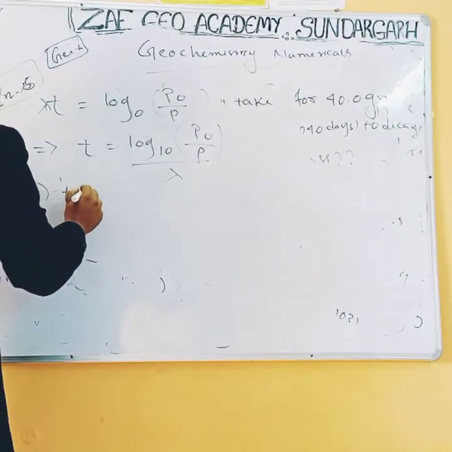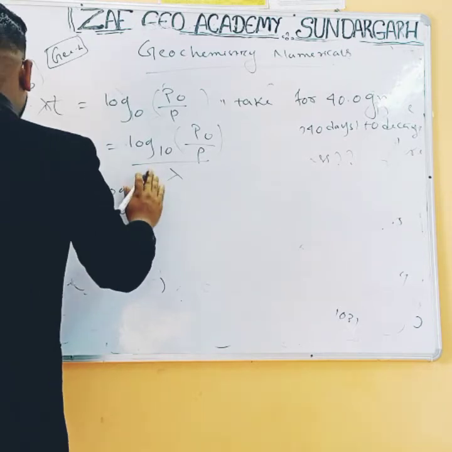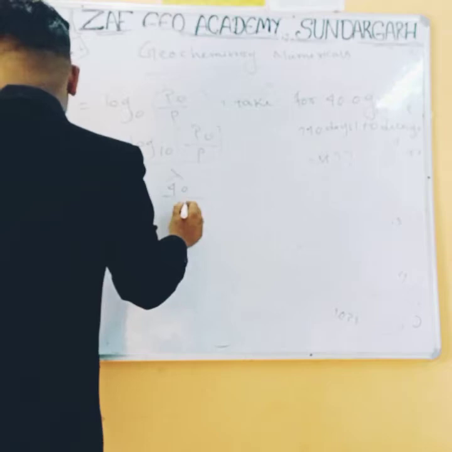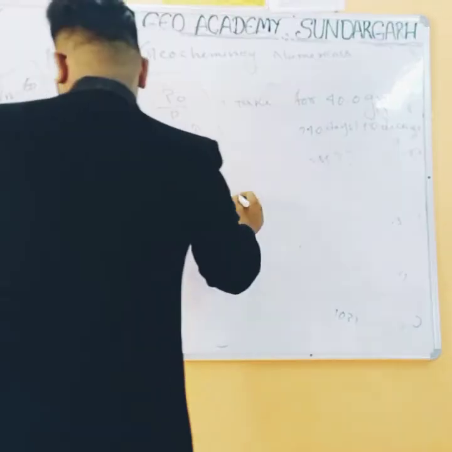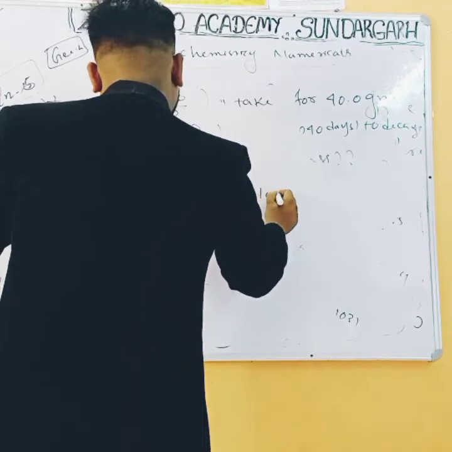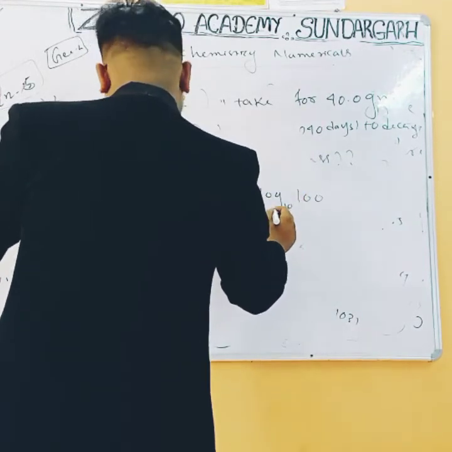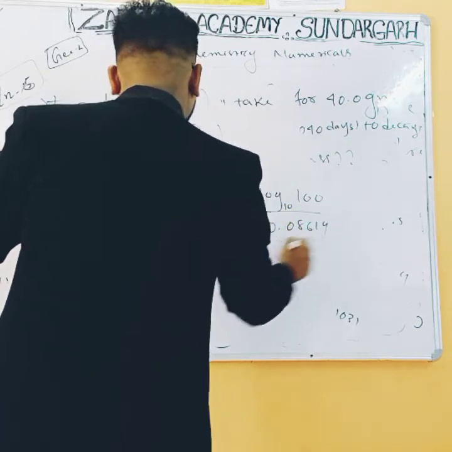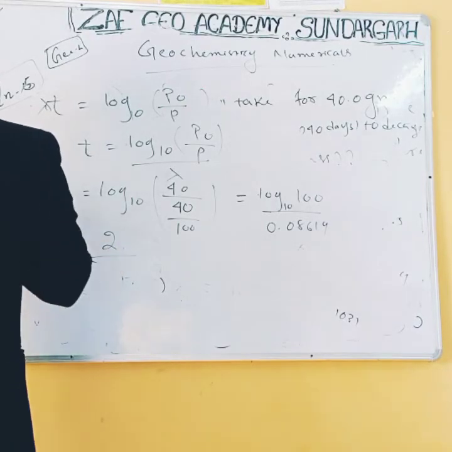The value of P naught is 40 and P is 40 by 100, so P naught by P will be equal to 100. So t equals log 10 100 divided by 0.08619.